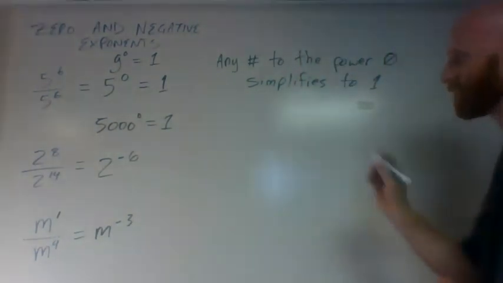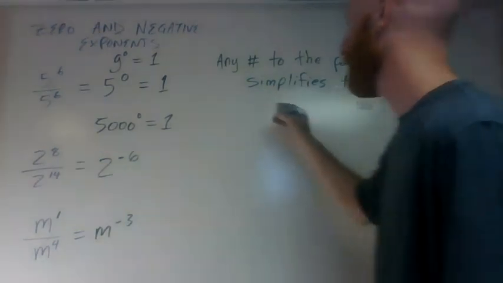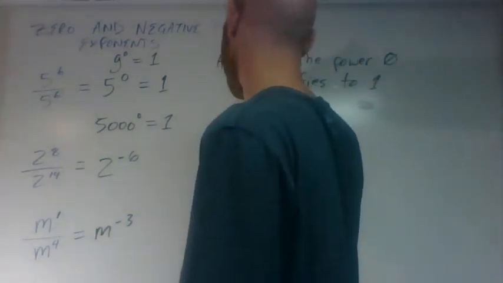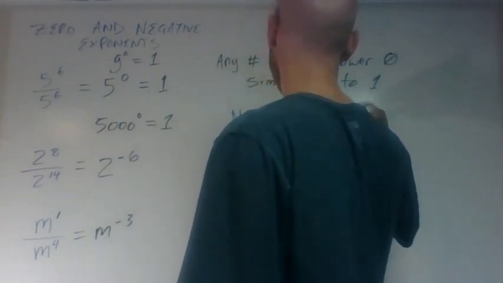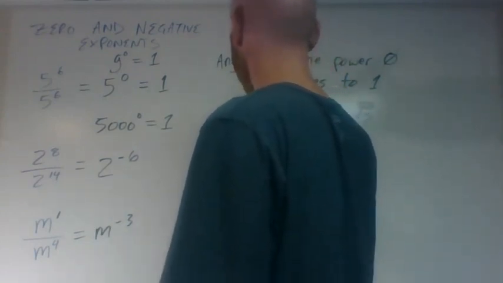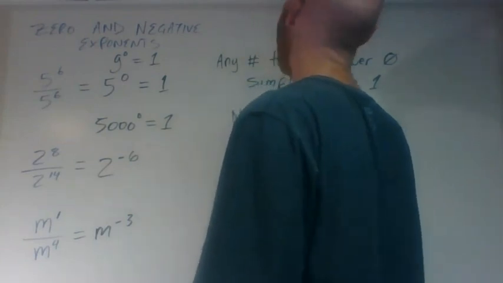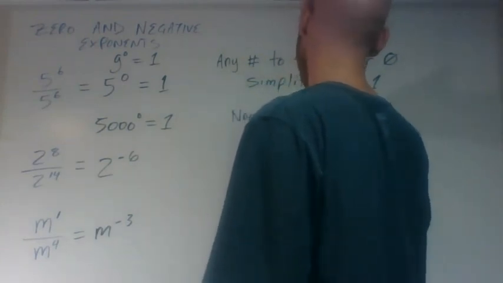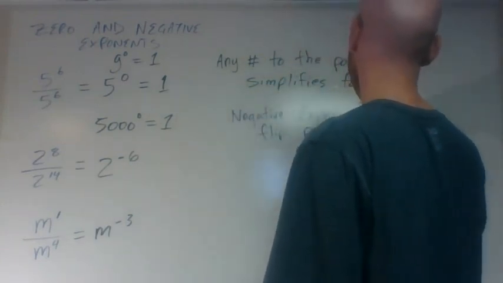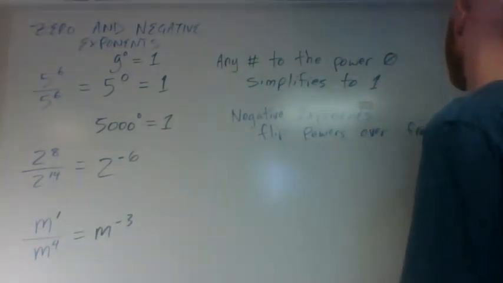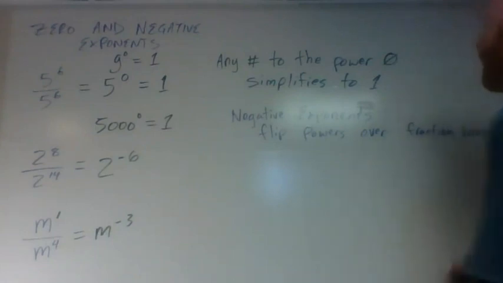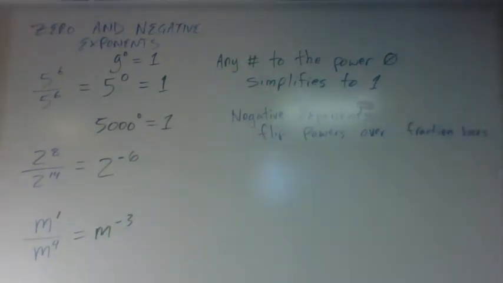Well, shortcut, negative exponents flip powers over fraction bars. Okay? Negative exponents flip powers over fraction bars.